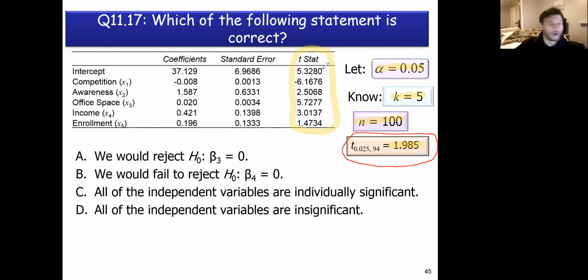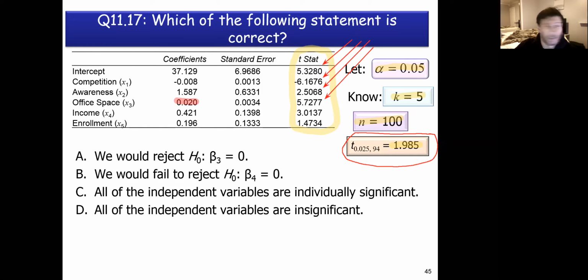Any variable with a T statistic larger in magnitude than 1.985 will be significant at the 5% level. So note, the intercept is significant, competition is significant, the awareness variable is significant, office space is significant, despite the fact that we said its value is really, really low. It's actually significant.